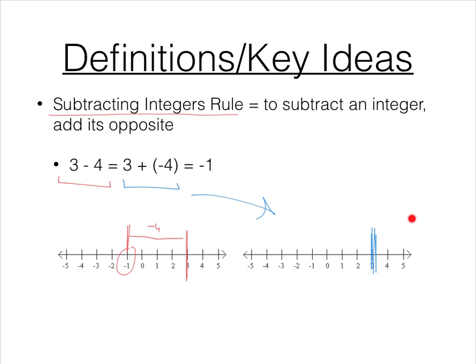So adding 2 would get me here. Well, I'm adding, but that would be a positive number. So if I'm adding a negative number, I have to go the other way. So adding a negative 4, I'm going to go this way: 1, 2, 3, 4. That's going to get me right here. Again, that's because I added a negative 4. And that's going to get me a negative 1.